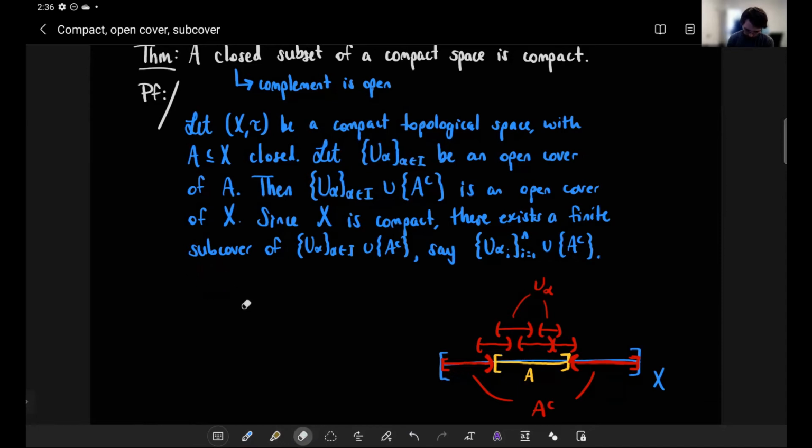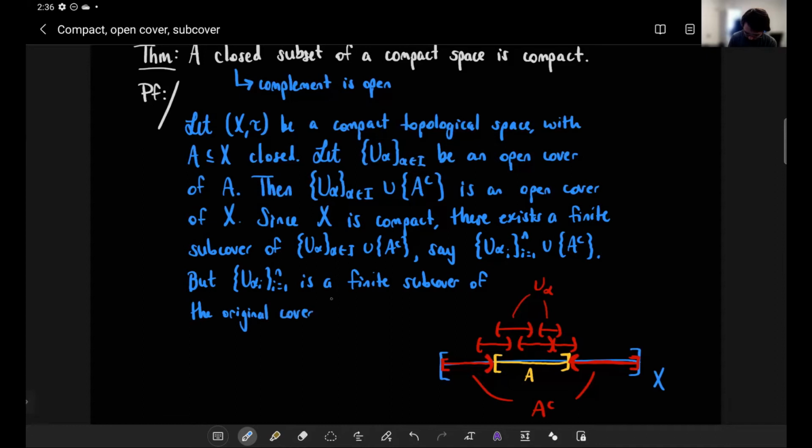So let's write that down. This is a finite subcover of the original cover of A. And since that original cover was arbitrary, I did effectively show it for every open cover. So we're saying every open cover of A has a finite subcover, therefore A is compact.